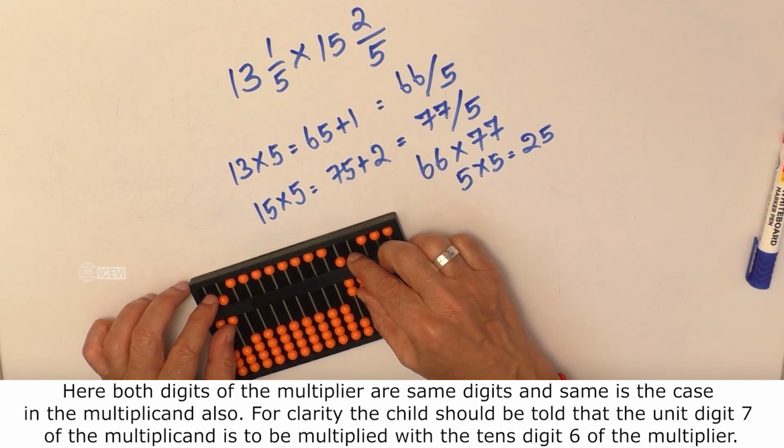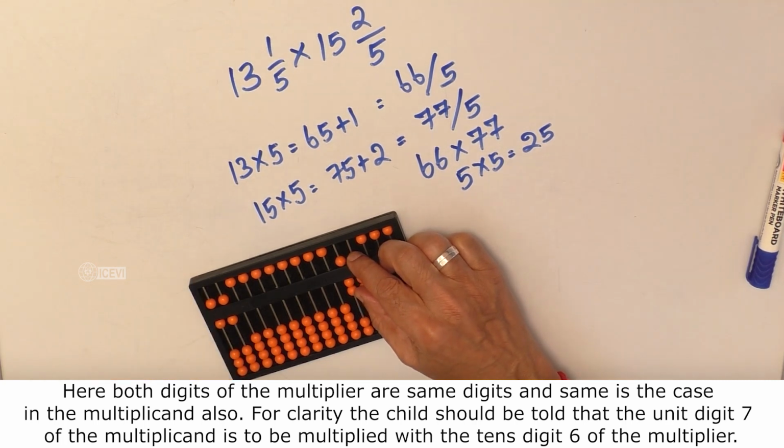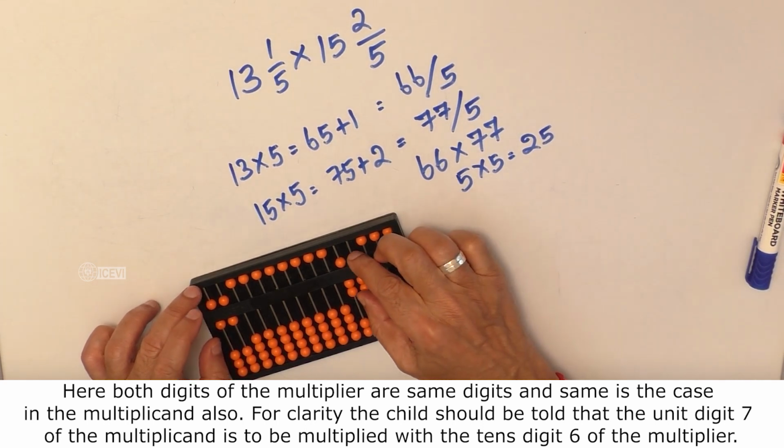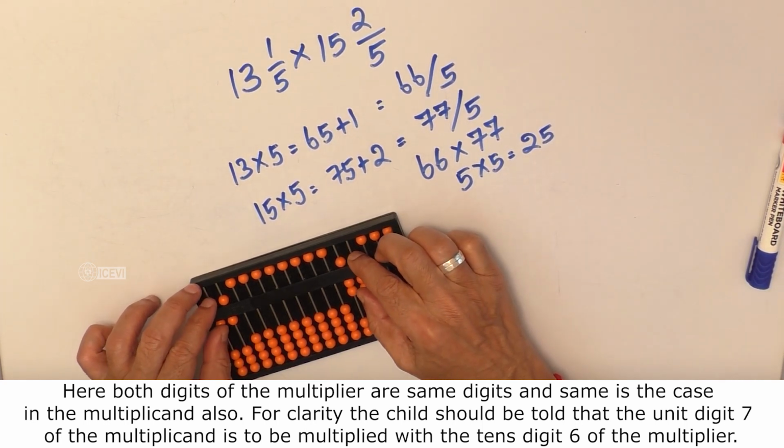Here both digits of the multiplier are the same, and the same is the case in the multiplicand. For clarity, the child should be told that the unit digit 7 of the multiplicand is to be multiplied with the tens digit 6 of the multiplier.